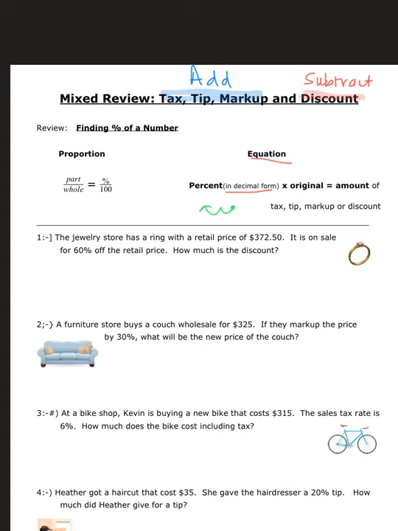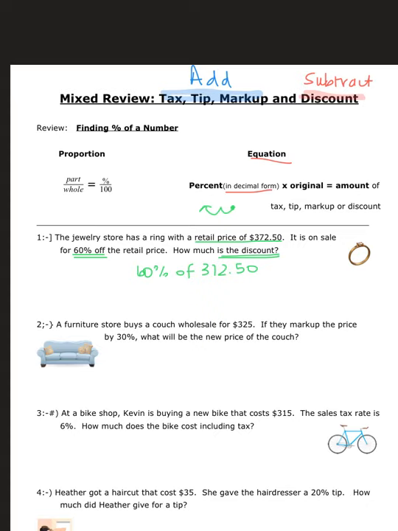Problem 1: the jewelry store has a ring with a retail price of $372.50. It's on sale for 60% off. How much is the discount? So this one is only asking for the discount. Take the percent, so that's going to be 60%. We want to figure out 60% of $372.50.